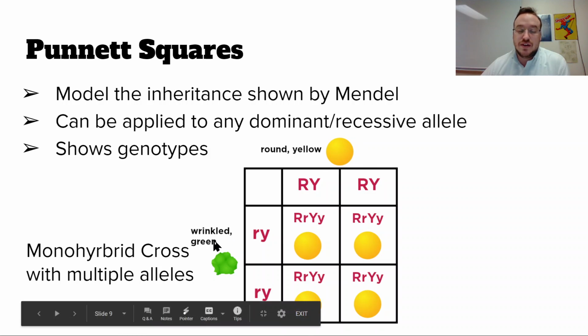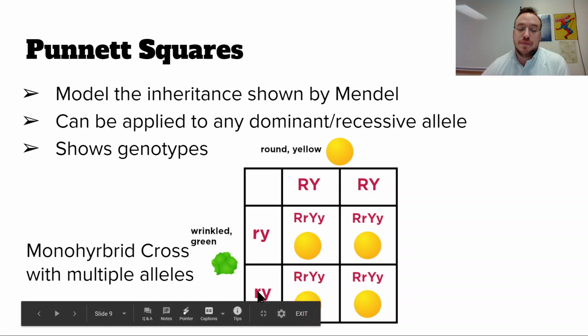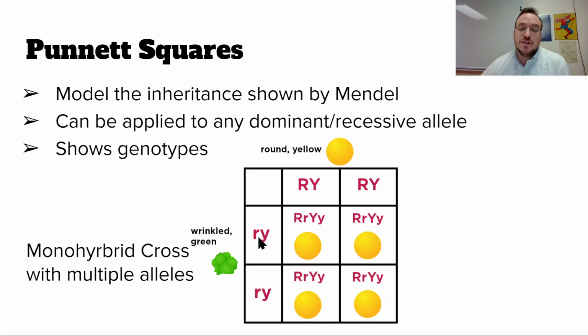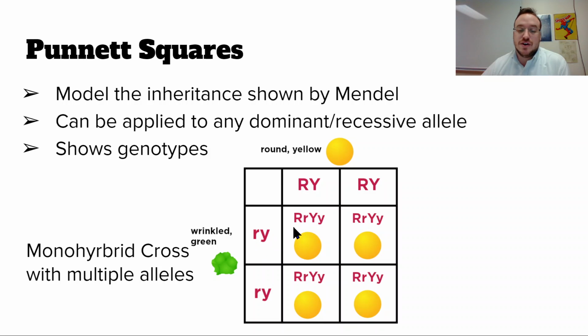The wrinkled green, wrinkled is a recessive trait here, and green is a recessive trait. So the only way that it will present as wrinkled and green is if both its alleles are recessive. So we know that it can pass down a lowercase r and a lowercase r, and a lowercase y and a lowercase y. So we're going to do the same thing we did last time and bring a capital R from this parent and the lowercase r from this parent.